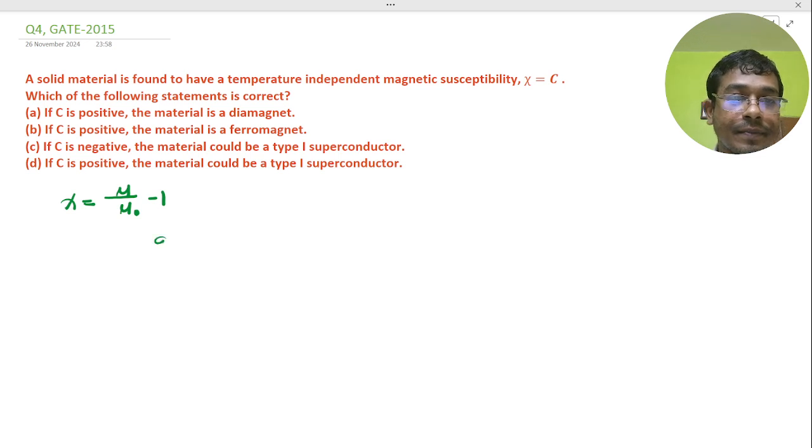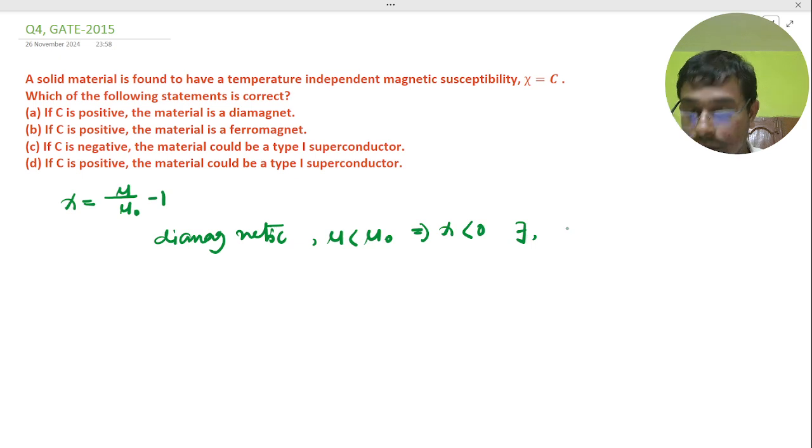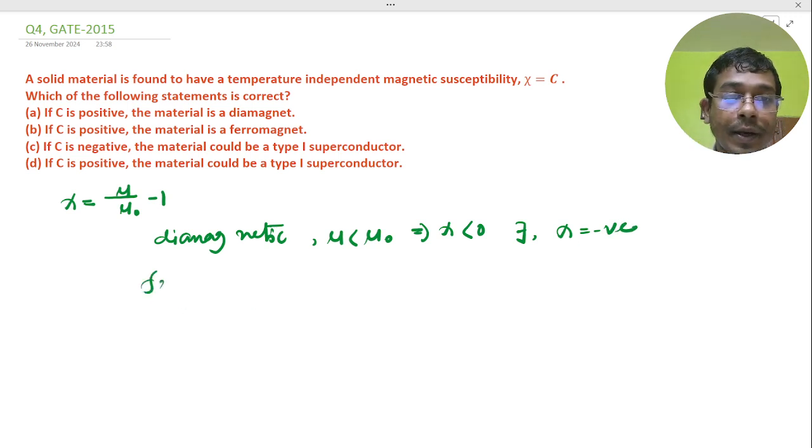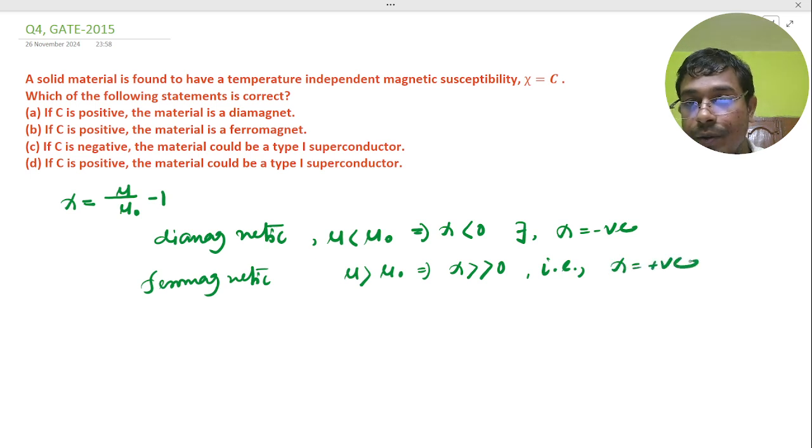For diamagnetic, we know mu less than mu naught, that implies chi less than 0, that is chi negative. For ferromagnetic material, mu greater than mu naught, that is chi greater than 0, so this should be positive.